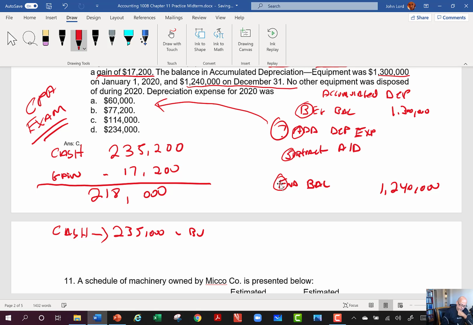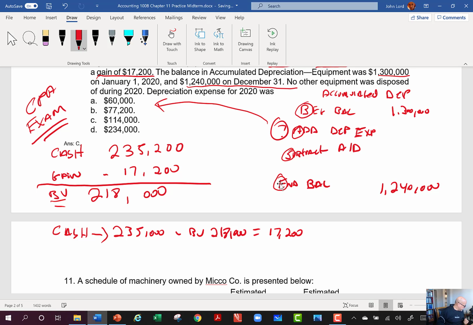I apologize, I think I said this was accumulated depreciation. It's not the accumulated depreciation, but the book value of this asset that must have been $218,000 to yield a gain of $17,200.